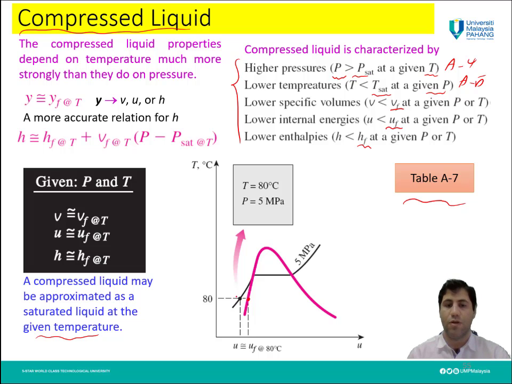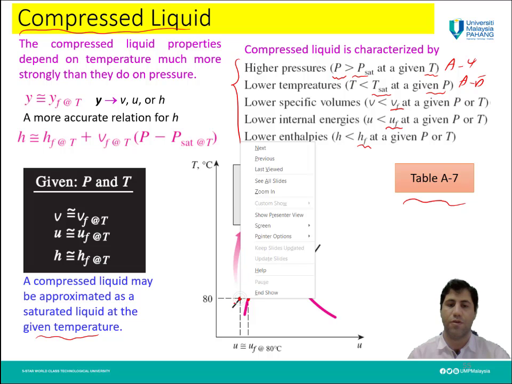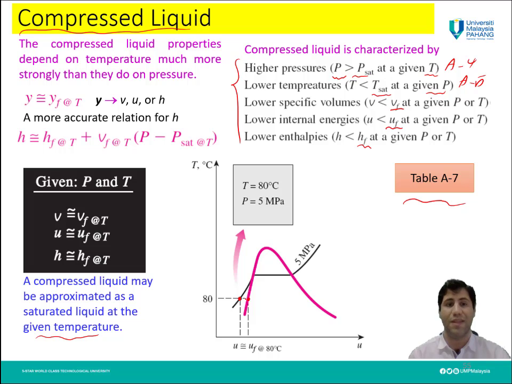And now if the pressure is different from the saturation pressure, its U will be different, like this one. But still we can approximate that the internal energy for the substance at this state is equal to the internal energy for that liquid at that temperature in the saturated liquid state, or on this line.